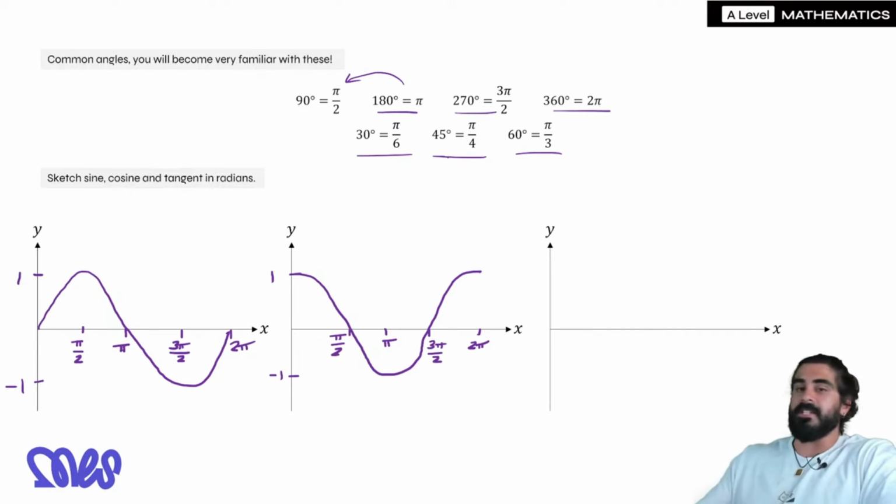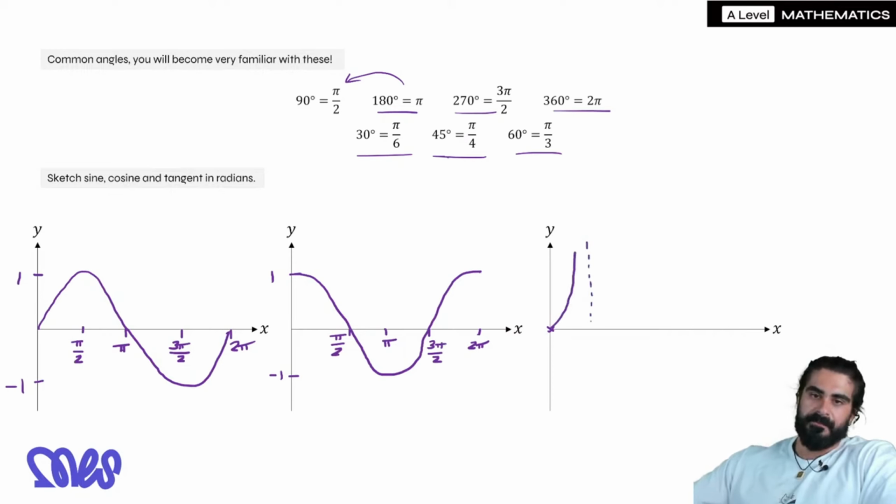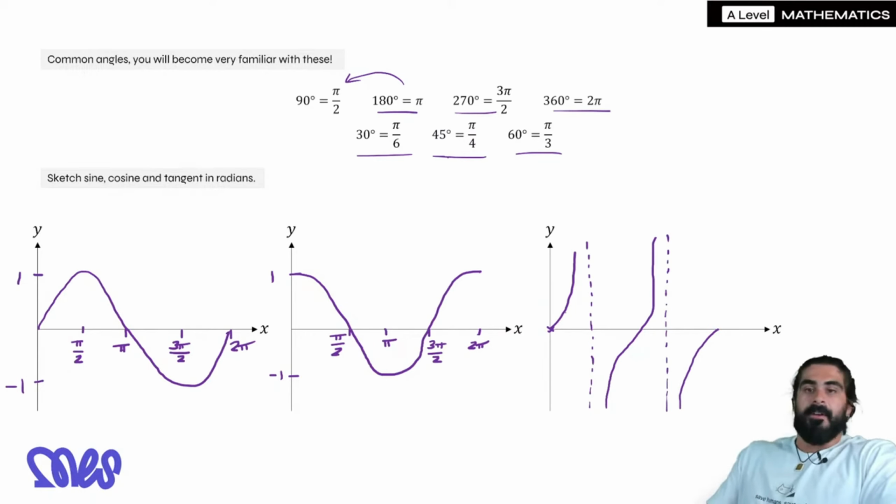Now the tan graph, it starts from 0, 0, flicks up, asymptote, full wave, asymptote, and then half a wave, like that, yeah? The tan graph obviously starts at 0.